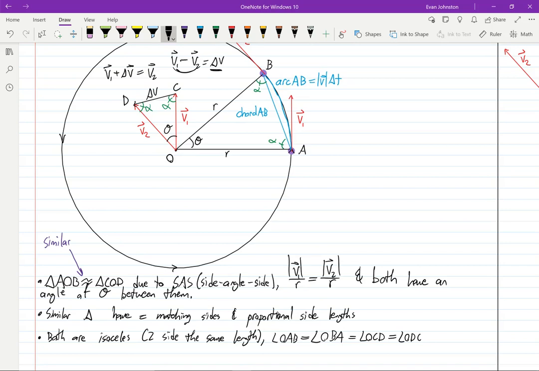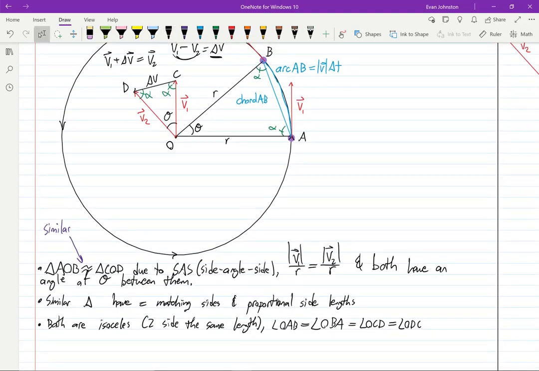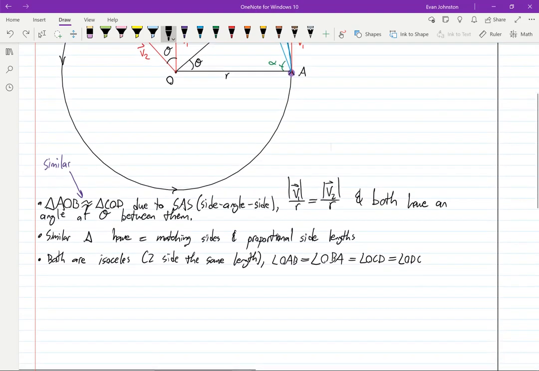Okay, fantastic. Now, what that means is that the ratio of the sides of similar triangles are equal. So I want to focus on this chord and my delta v here, my change in velocity.